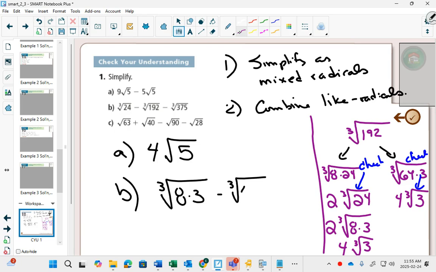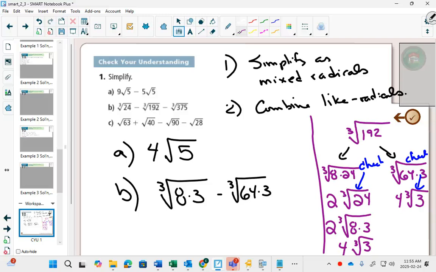So ideally, if you can find the biggest perfect cube, that makes your life easier, because your simplification is easier. However, sometimes you don't see the biggest one. So it's always important after you do a simplification to look inside to see, could I go further?